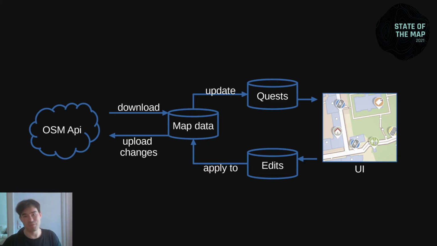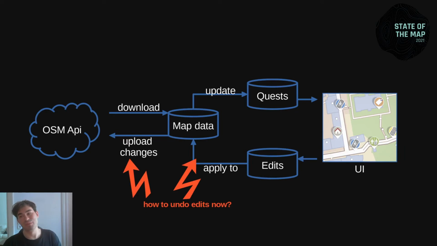For StreetComplete at least, this has a few problems though. First of all, it's now really difficult to undo the edits, or at least not that easy anymore. Before, we could just remove an edit from the database, and the edit was removed. But now the edits are applied to the map data, so we would need to reverse the edit somehow.